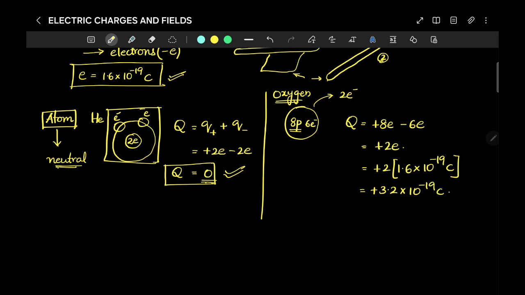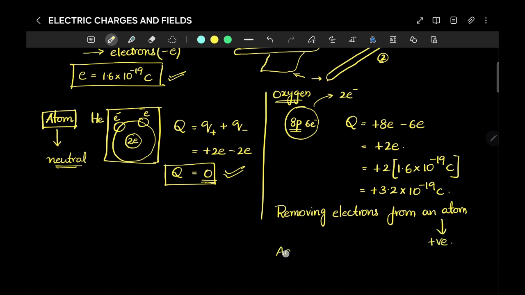If you are removing electrons from an atom, then that atom becomes positively charged.